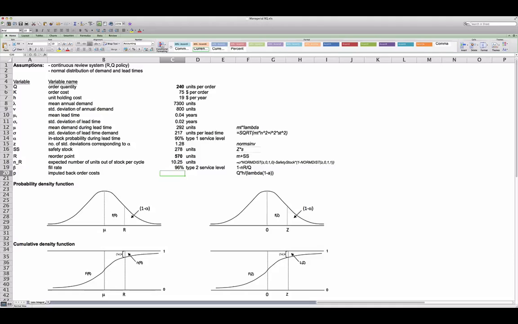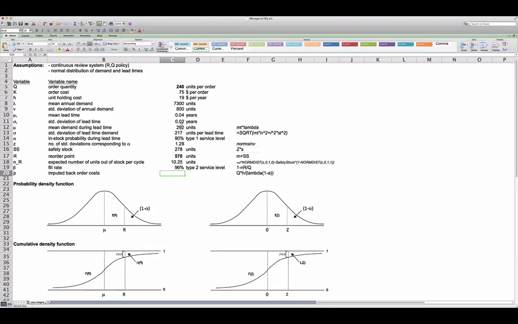So let me go back a little bit to this value of N of R. Now remember, it is called N of R because the number of units that I expect to stock out by per cycle is a function of how I define the reorder point, or R. In other words, if I were to increase my reorder point, I would of course expect to see a decrease in N of R. So let's see if that's true. Let me change alpha from 90 to 95%.